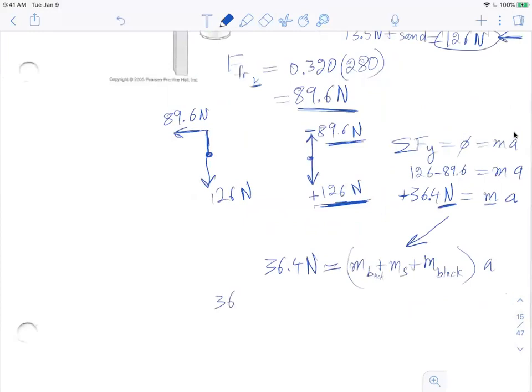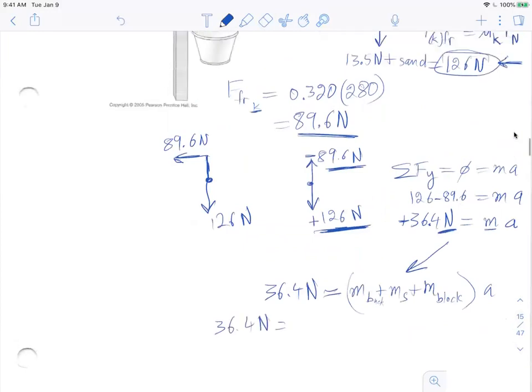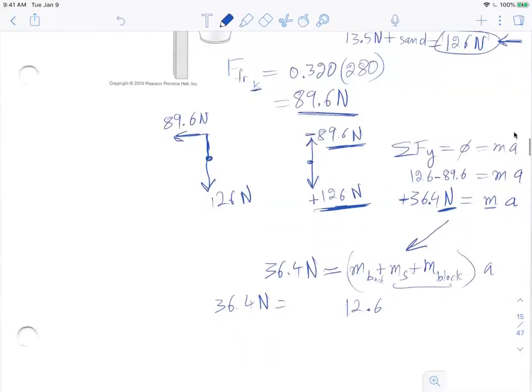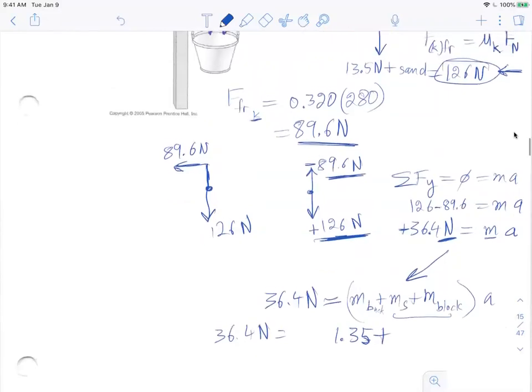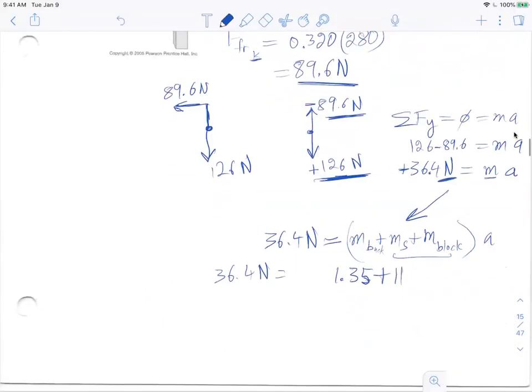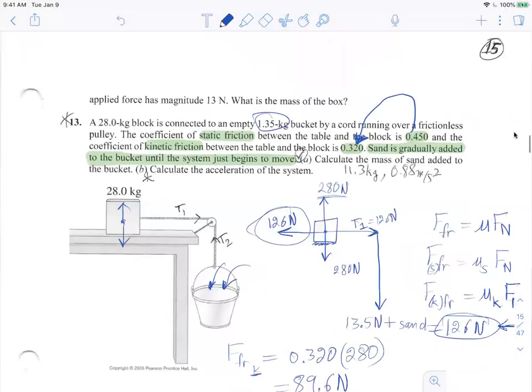So if you take that into account, overall I think this added up to 40.6 kilograms, and if that doesn't make sense, you can write individually: the bucket was 1.35 kilograms, the sand was roughly 11.3 kilograms, that's fine, and the block was, I don't know, 28 kilograms.